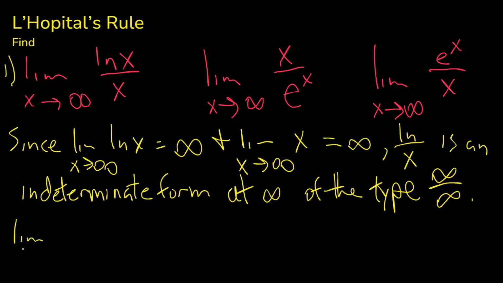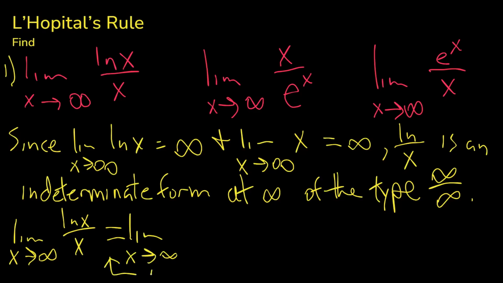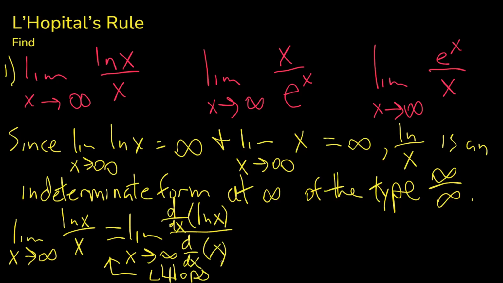So we can shorten our work to write the limit as x approaches infinity of natural log x over x equals the limit as x approaches infinity, and here we're applying L'Hopital's rule, of the derivative of natural log x over the derivative of x. So this is the limit as x approaches infinity of 1 over x over 1, which is going to equal 0.